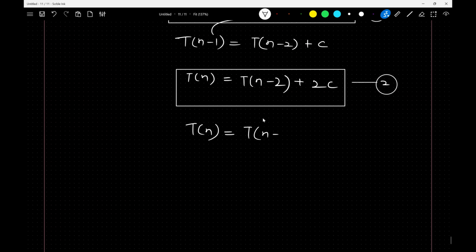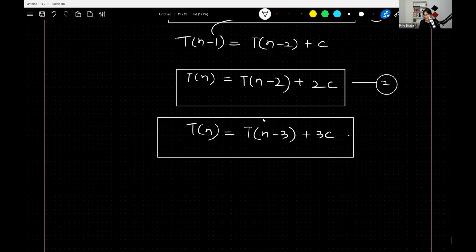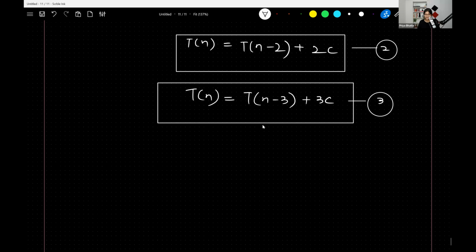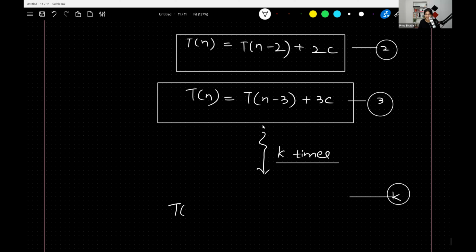Can I say it will be T of n minus 3 plus 3C? Third equation. Now, how many times will I repeat this task? Let's say I will repeat this task k times. So for the kth equation, what equation will I get? T of n is equal to T of n minus k plus kC.